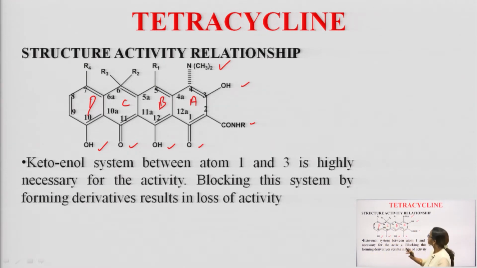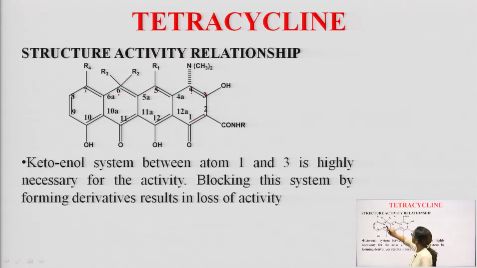So, they can be substituted at these 4 places, R1, R2, R3, R4, and here also, because it is CONH2, one hydrogen can be replaced. If we do the numbering: 1, 2, 3, 4, 5, 6, 7, 8, 9, 10, 11, 12. I have told you 5A, 11A, 6A, 10A. So, this is the numbering.